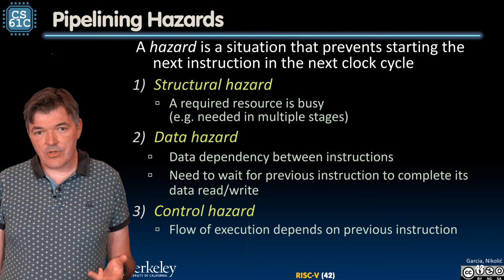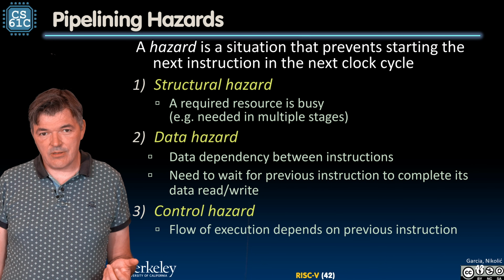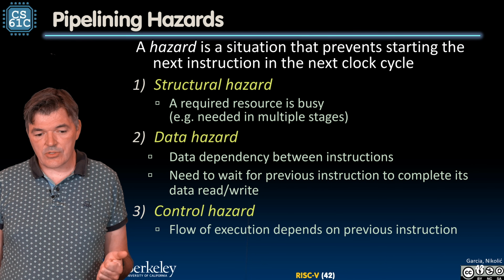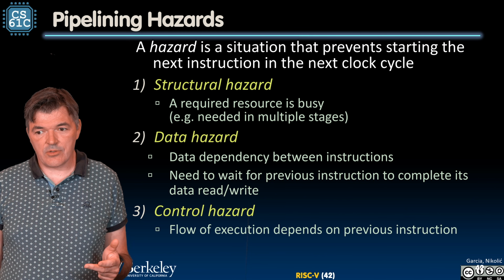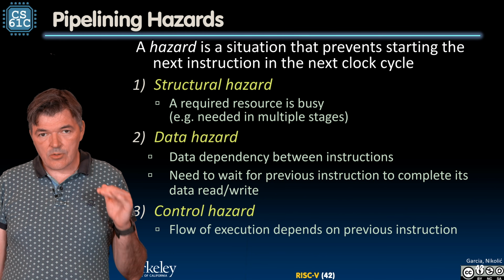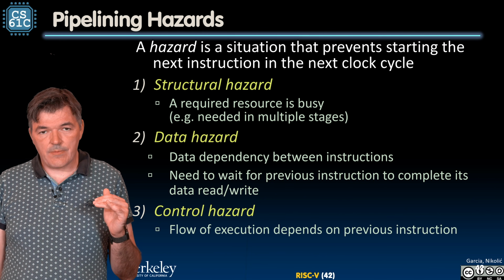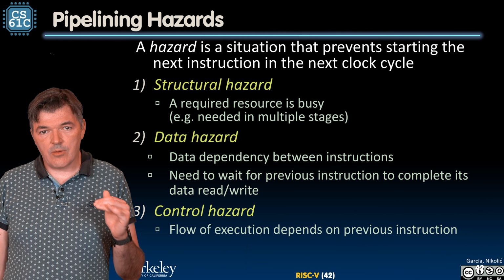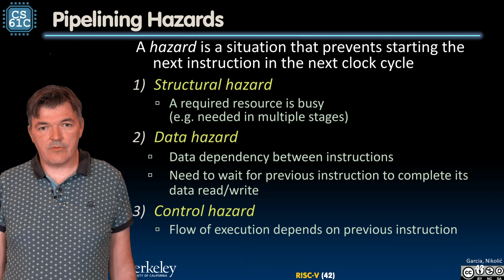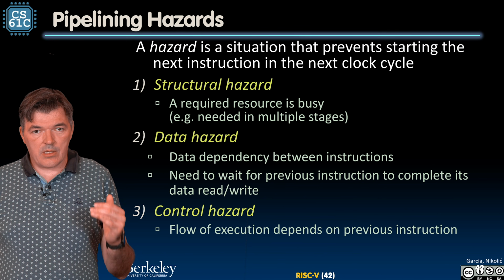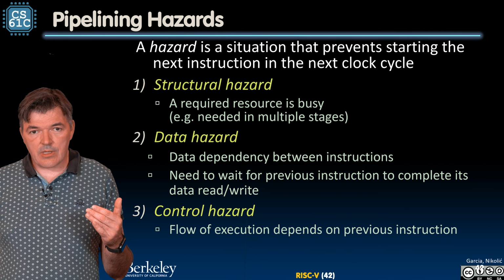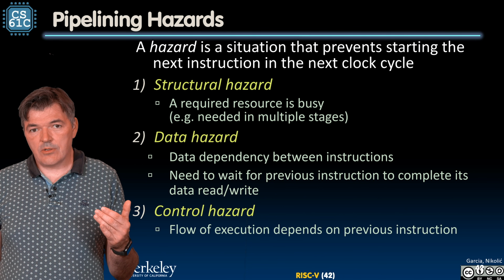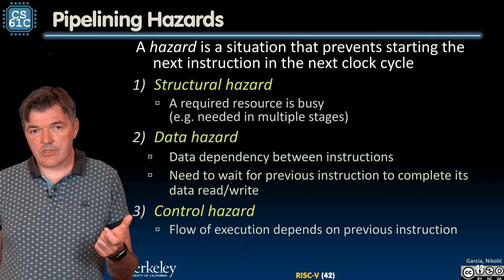So as I said, there are three types of hazards that we can encounter, and those are structural hazards, data hazards, and control hazards. It is always a situation that prevents starting a new instruction while there is another instruction that is in flight. Structural hazards appear because of contention over a resource.